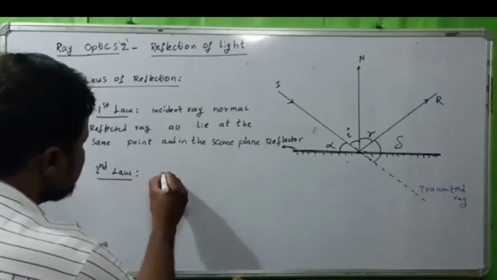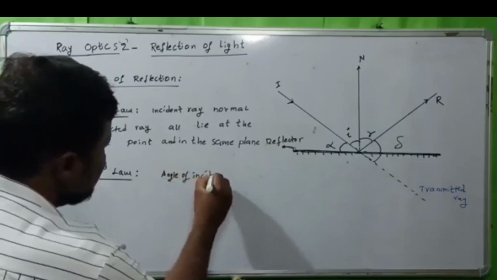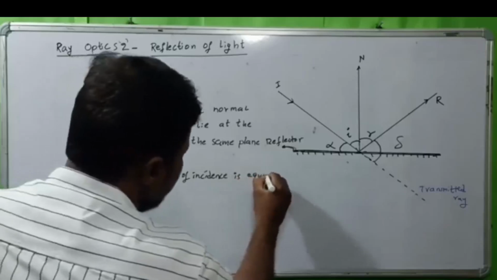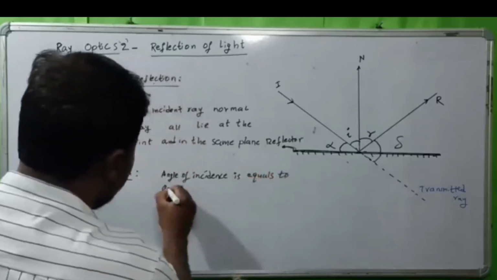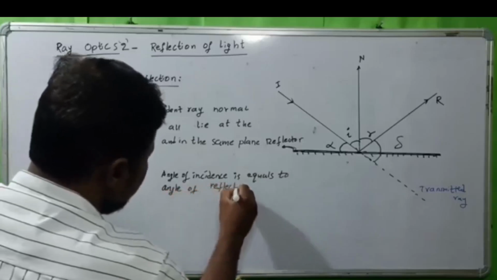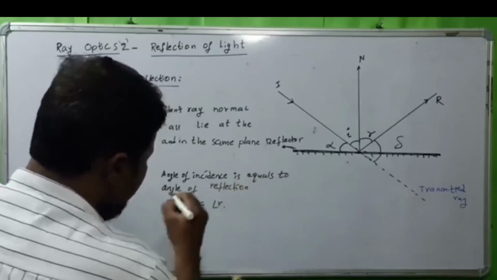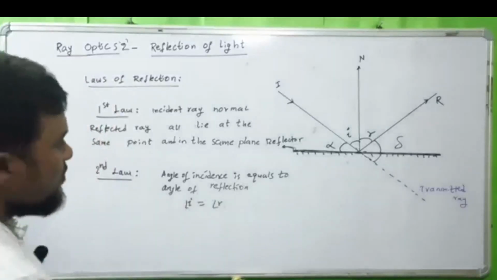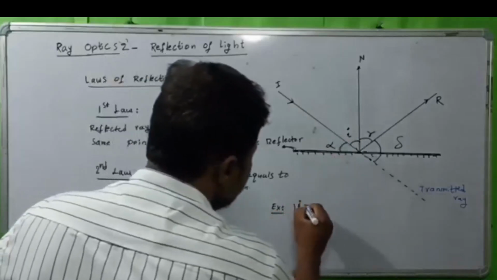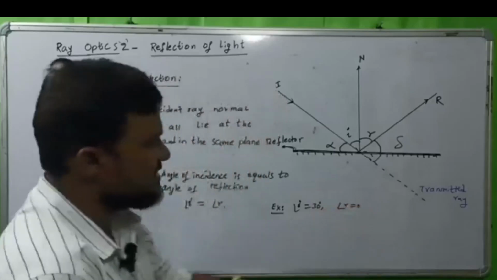And coming to the second law, angle of incidence is equal to angle of reflection. That is, angle I is equal to angle R. For example, if the angle of incidence is 30 degrees, then the angle of reflection is also 30 degrees.